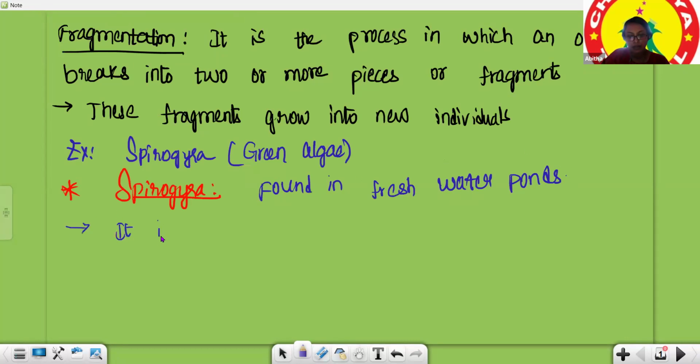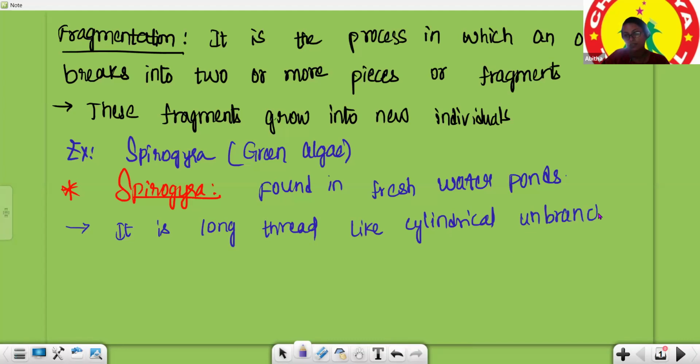It is a long thread-like cylindrical structure, cylindrical unbranched. There are no branches. It looks like simply a long cylinder.